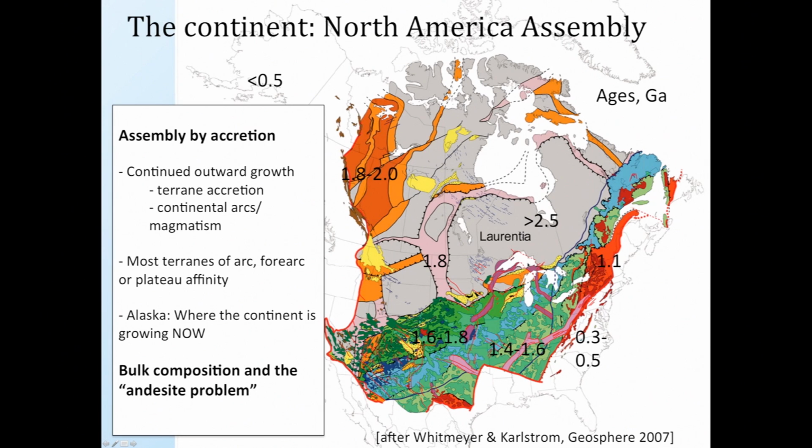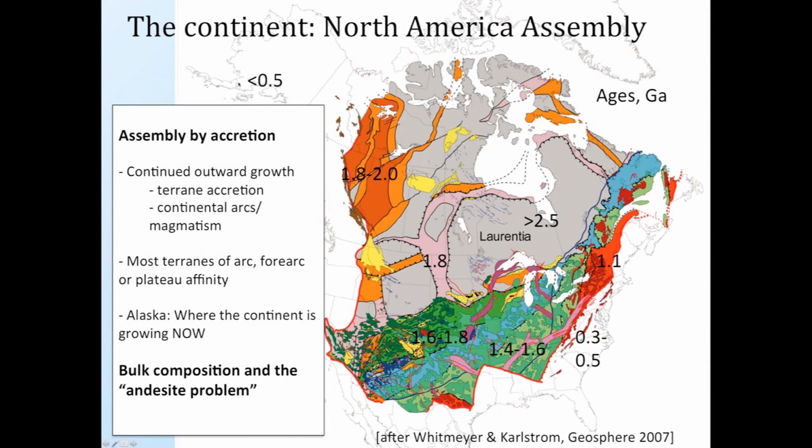There are these Archean cores that assembled into this Phanerozoic shield that gradually grew outward through a series of collisions that involved accretion of terranes, of volcanic arcs, magmatism, and so on, both southward, eastward, and also westward. Most of the growth westward has been in the last 500 million years, and the main place where this is happening today, and I'll show you in a minute, is actually in Alaska.